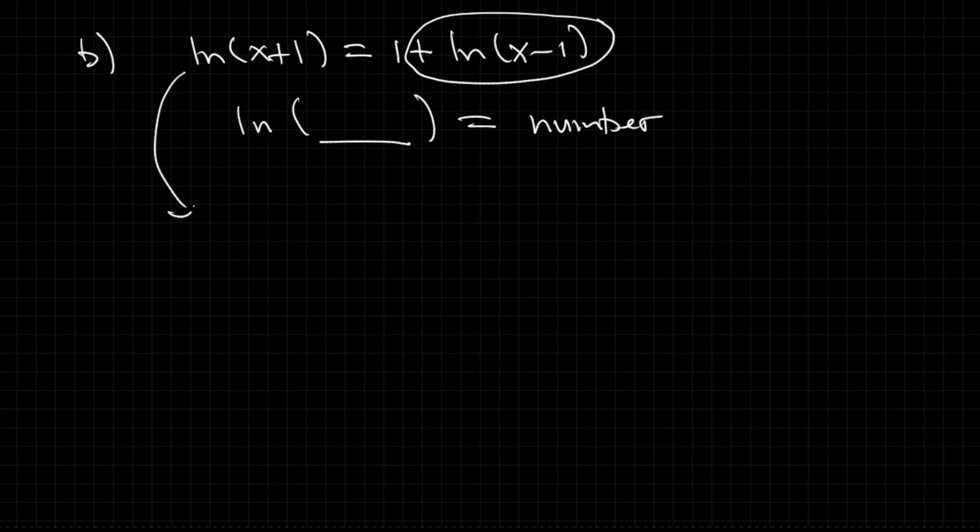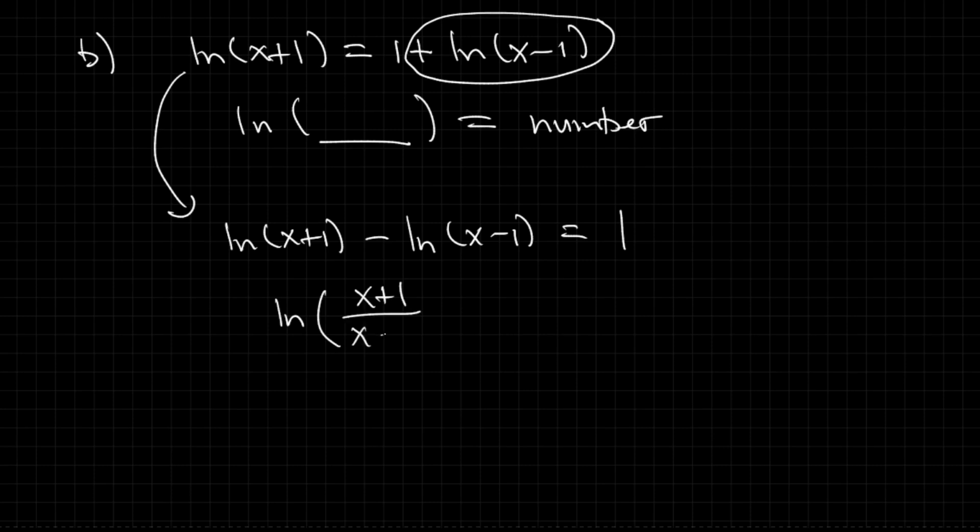So I can rewrite this as ln(x + 1) minus ln(x - 1) equals 1. And now I can use the properties of logarithms to get ln of (x + 1)/(x - 1) equals 1. Now I have a form of logarithm of something equals a number, and I can apply the definition of the logarithm.